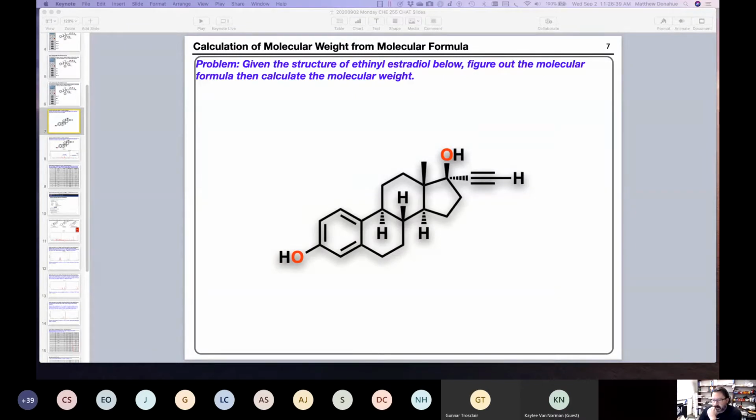Ooh, sorry, I gotta take that one back. So Rosemary, Aiden, Carly are correct. Ian is 2 hydrogens off. So yeah, it's C20H24O2. That's the molecular formula that I got. So from that, what is the molecular weight? You remember how to do that?